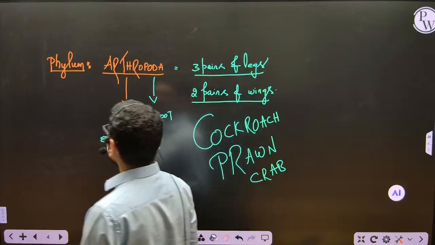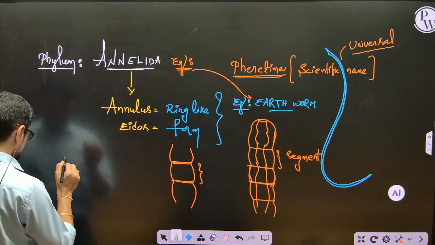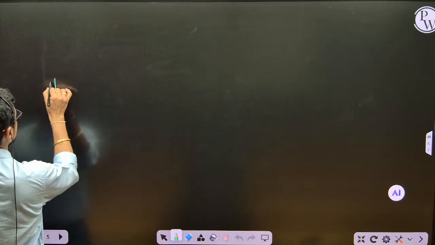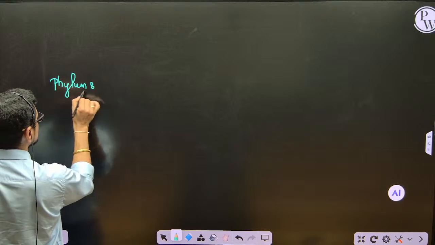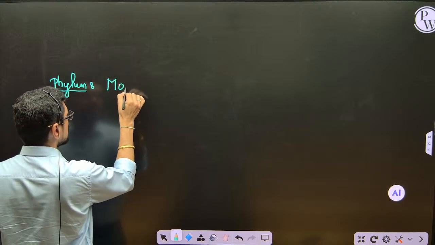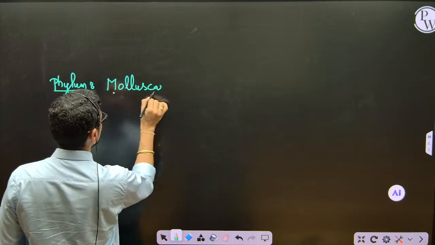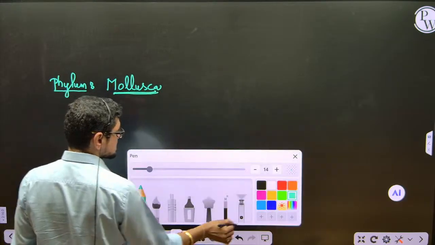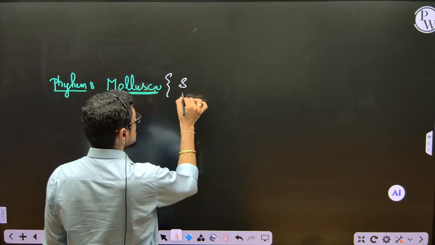And the next phylum, phylum Mollusca. What is this mollusk? Mollusk means soft body.